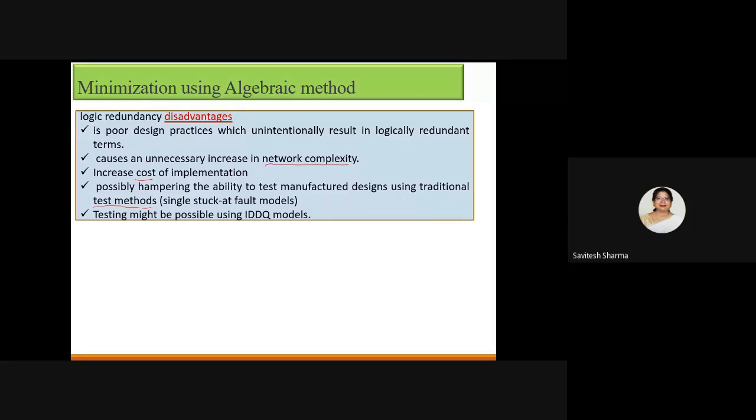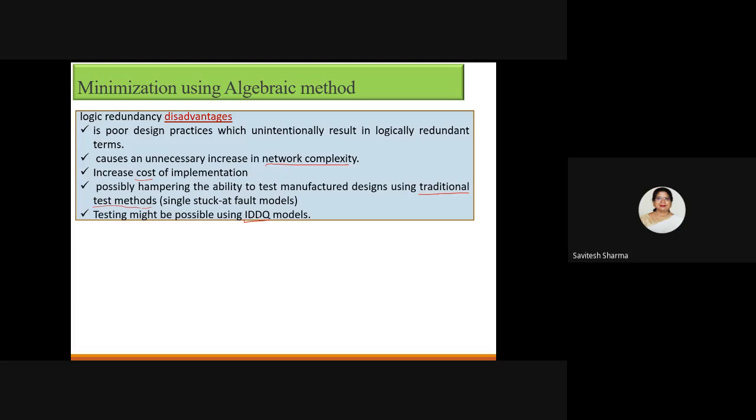Your traditional test method may not identify the defects in the circuit. So this will require additional effort. Last, whatever testing you are doing, if you want to test the circuit, you need to apply a method called IDDQ testing.